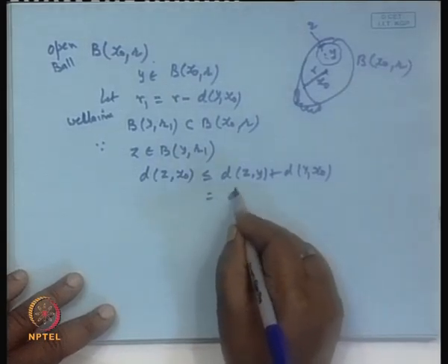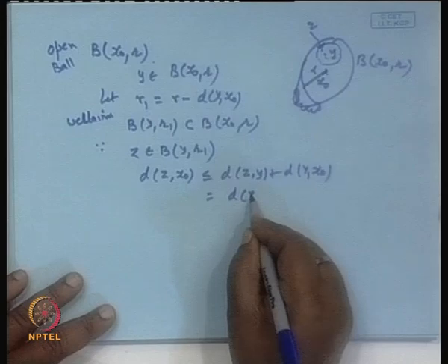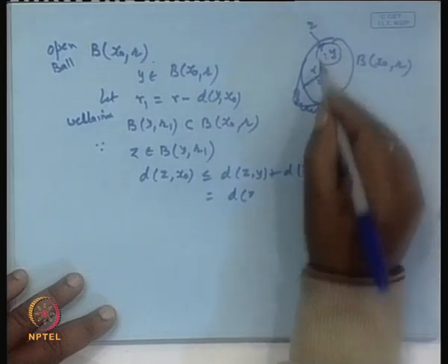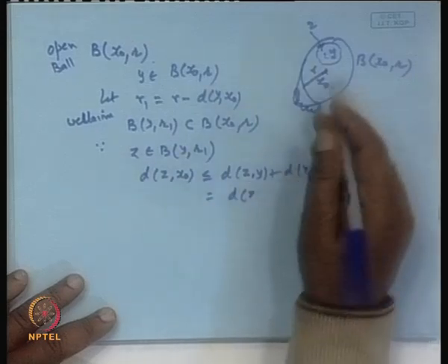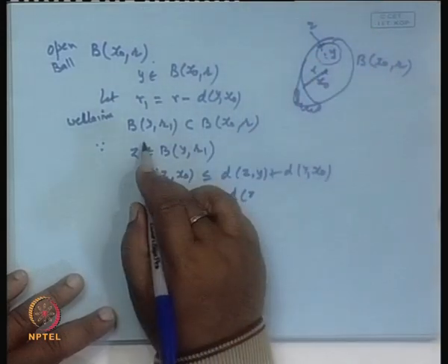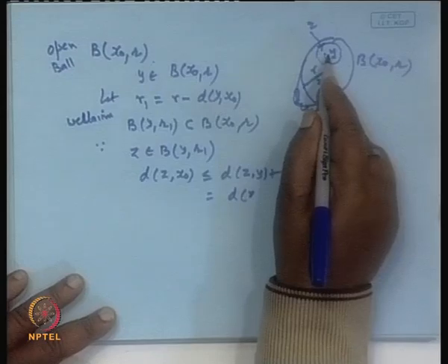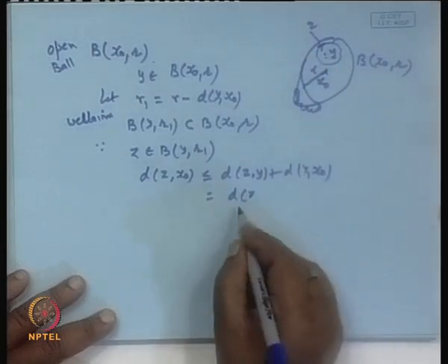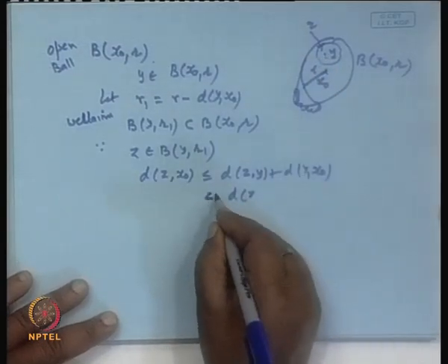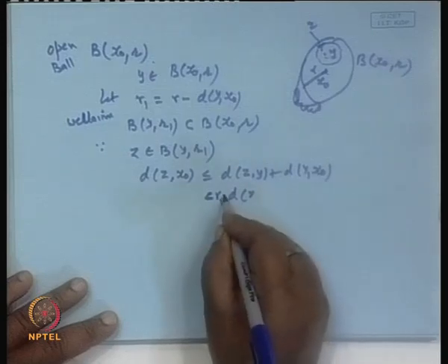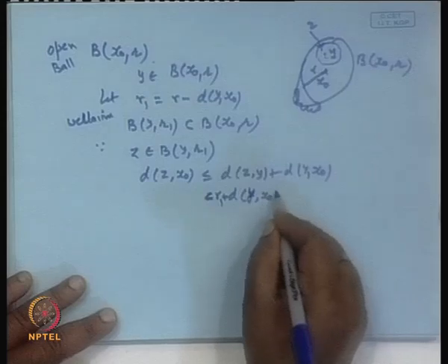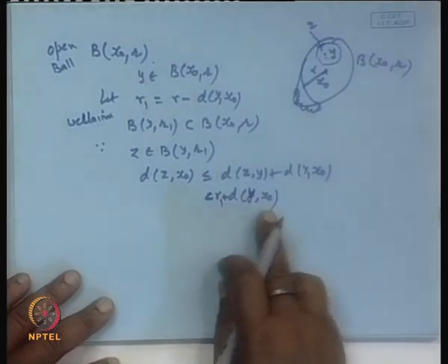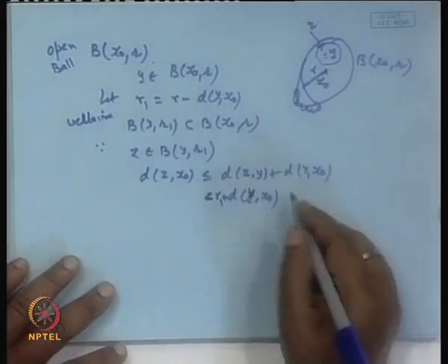This is less than r 1, because z is a point inside the ball of radius r 1 around y, plus d(y, x naught), but r 1 plus this is nothing but r.